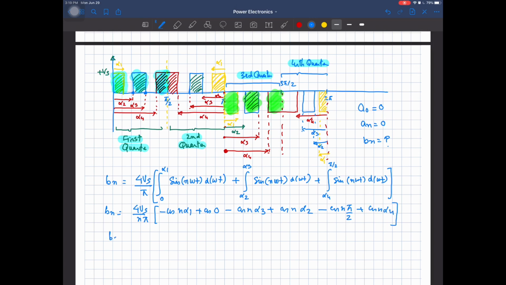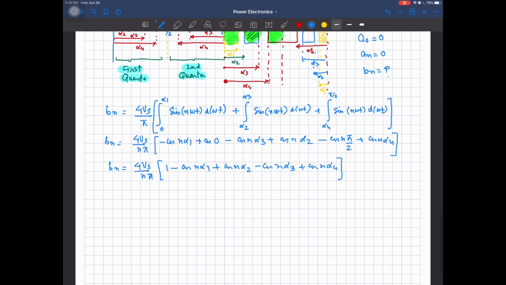It can be further simplified and written as 4Vs by n pi times 1 minus cos n alpha 1 plus cos n alpha 2 minus cos n alpha 3 plus cos n alpha 4, right?